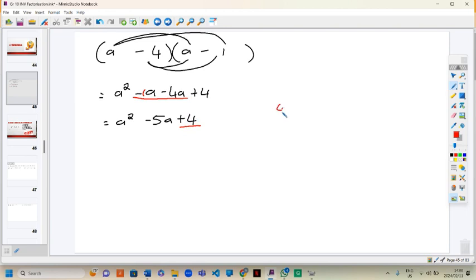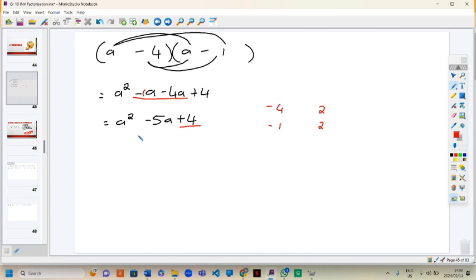The factors of 4 are 4 and 1, and also 2 and 2, but in this case we used 4 and 1, made them both negative, and we got our middle term. When we combined negative a and negative 4a, we got negative 5a. That's something cool I want you to take note of. And this a squared we got from multiplying a with a.